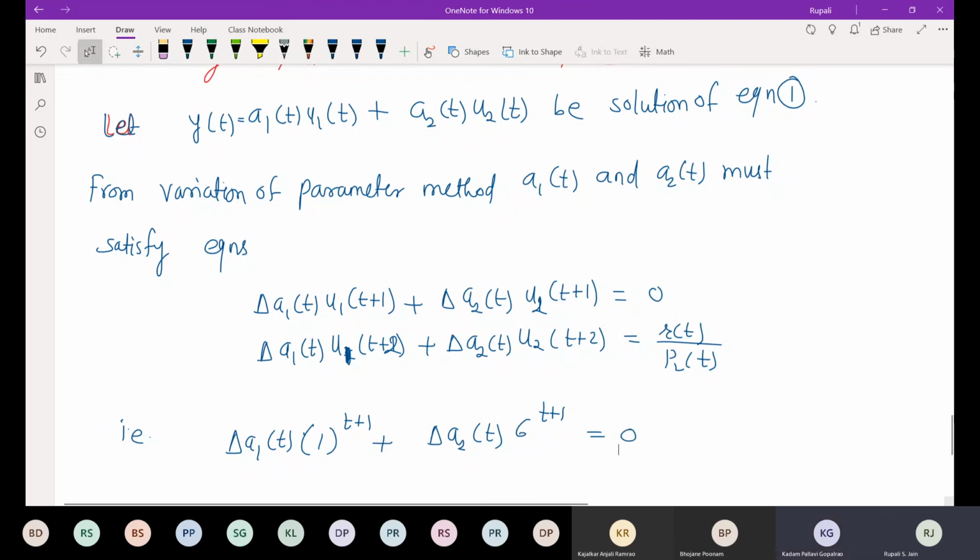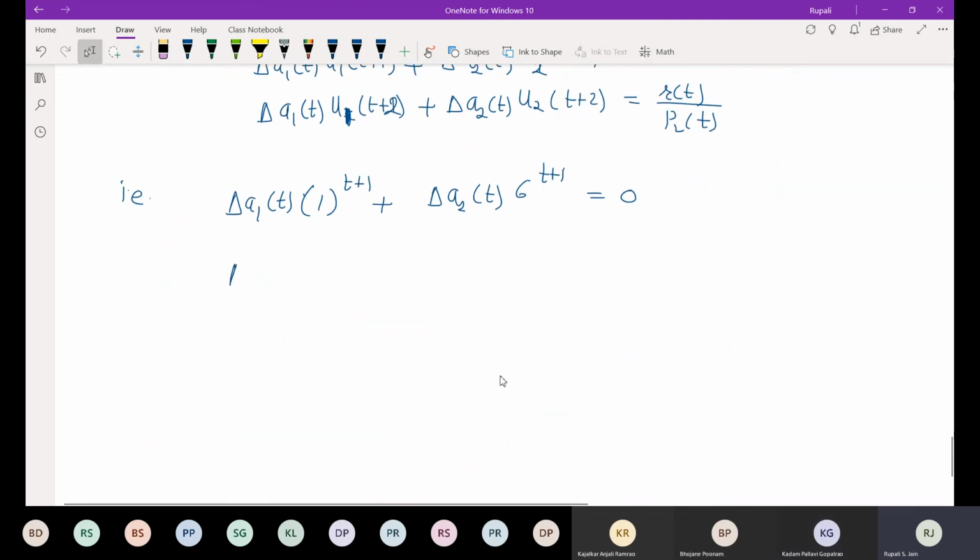And second, delta a1(t) times 1 raised to t+2 plus delta a2(t) times 6 raised to t+2 is equal to r(t) divided by p2(t). r(t) is my t, and p2(t) is 1.